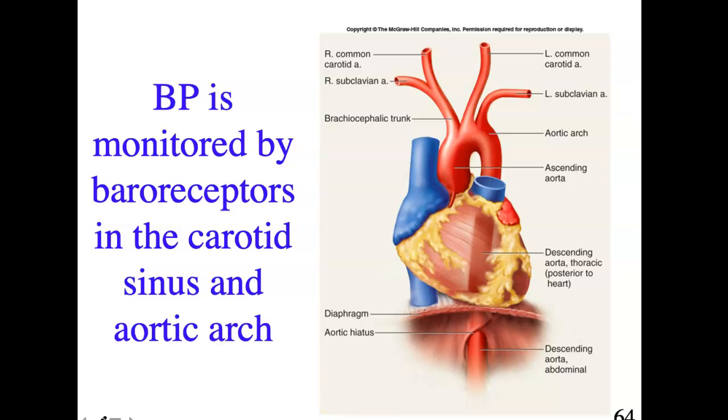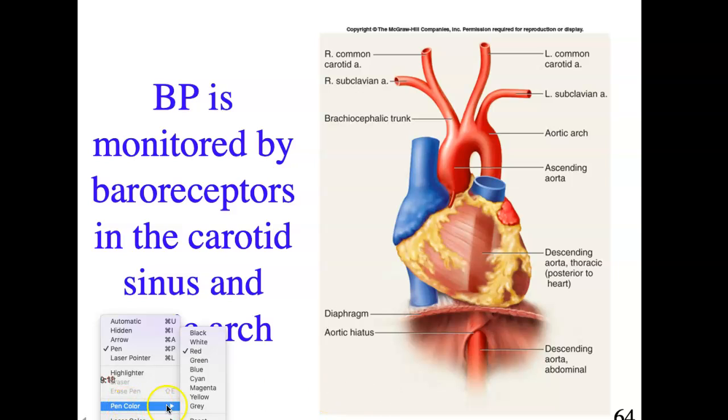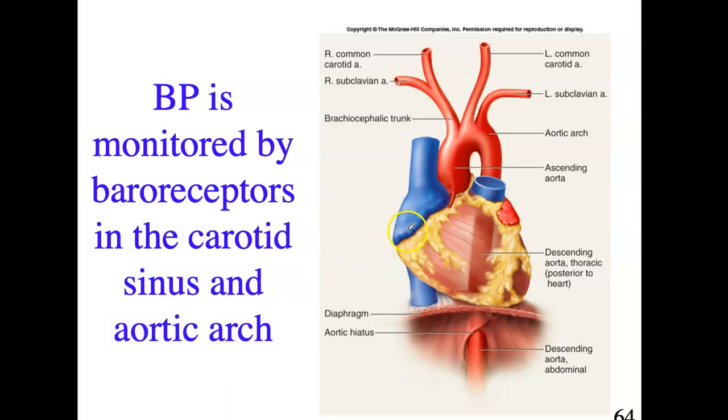So it makes sense that if you are pumping blood and it's going out of the aorta and into the lower body, that you would put some of these receptors right here, because it would allow you to monitor the pressure in all blood that's going to your lower body. But it would not monitor what's going up to the higher top, to the head, to the arms. So you'd need a second set there.